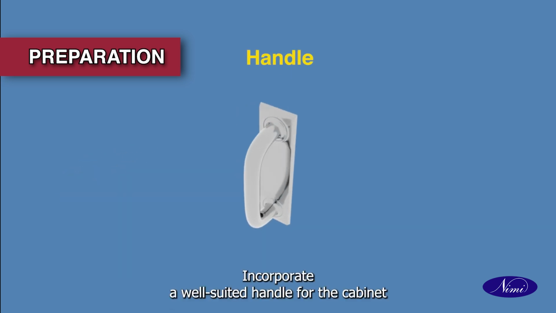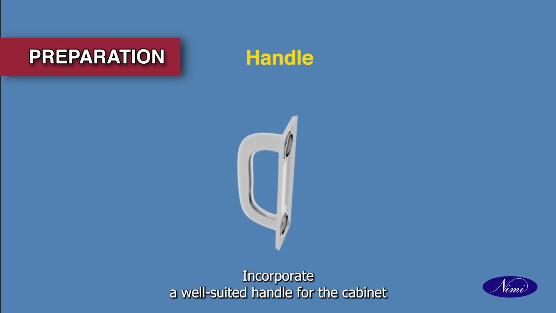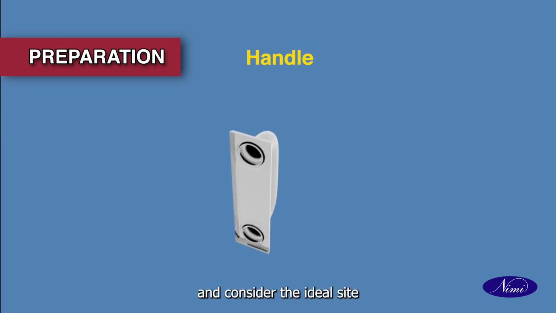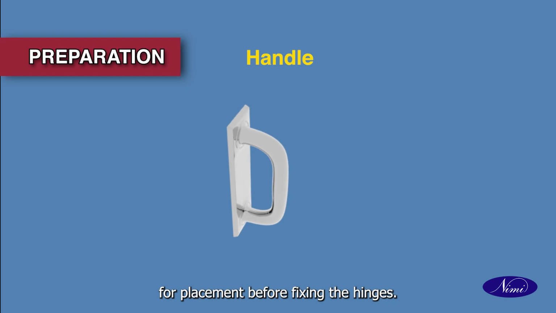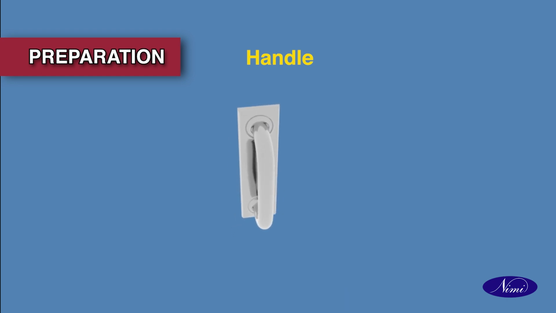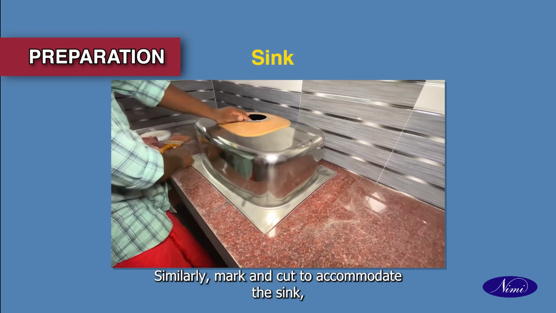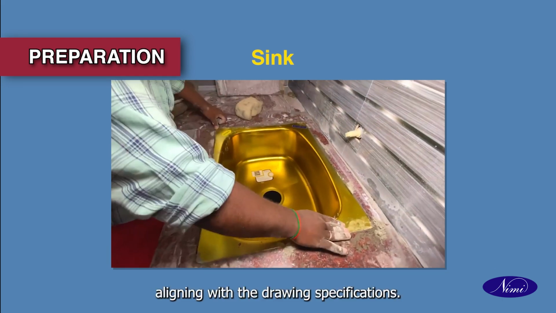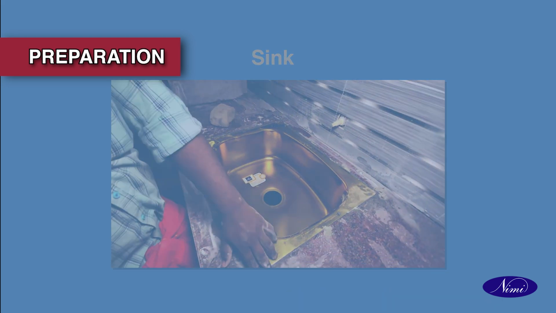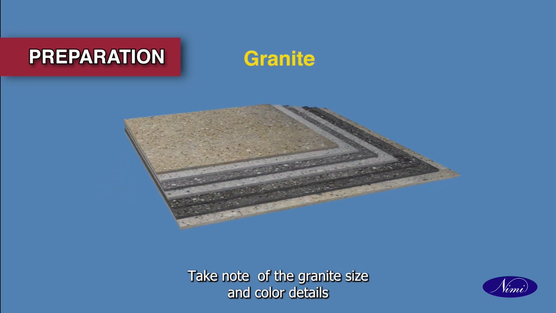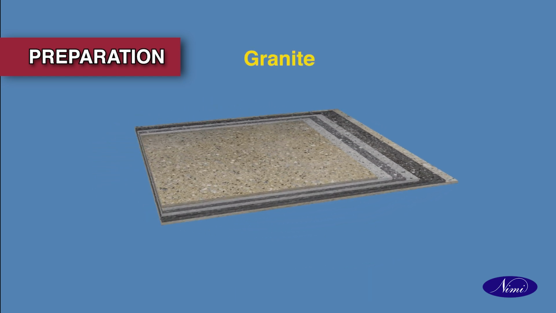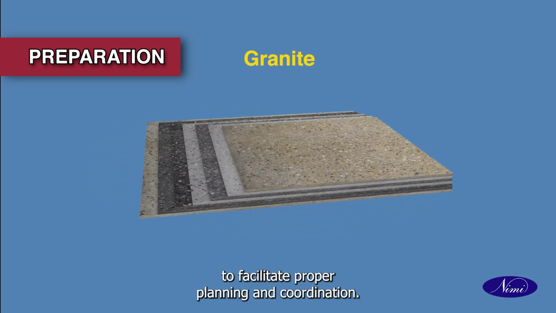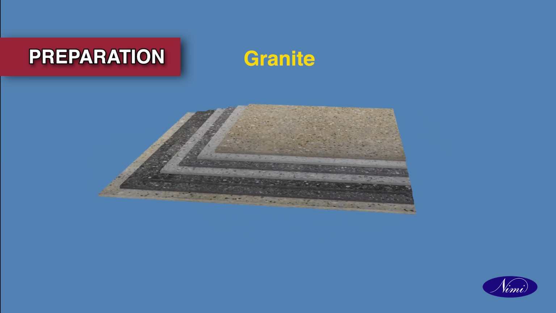Incorporate a well-suited handle for the cabinet and consider the ideal side for placement before fixing the hinges. Similarly, mark and cut to accommodate the sink, aligning with the drawing specifications. Take note of the granite size and color details to facilitate proper planning and coordination.